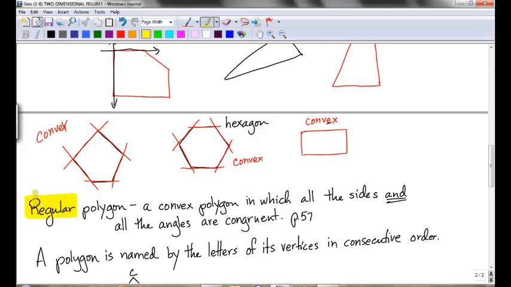Example, like a square. If they were doing a square as a regular polygon, in the book you've got to look. The author's going to do this, and it's not going to be very bright or very big, so you just have to look. That symbol tells you that all those sides are the same length. And then the angles, like on a square, they would show you that they're all right angles.